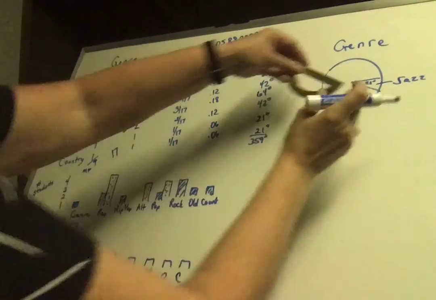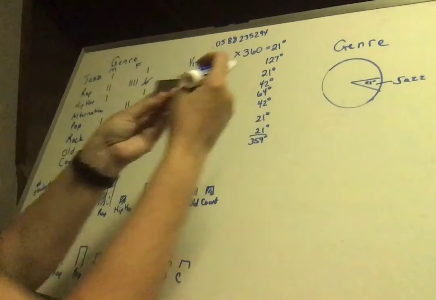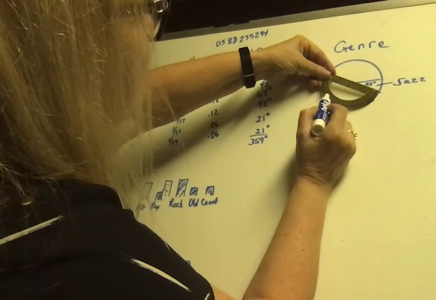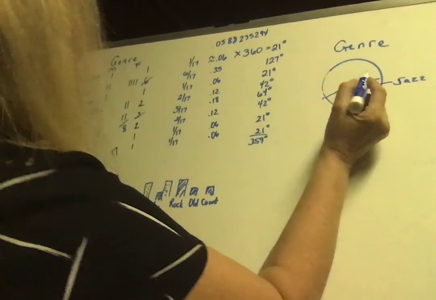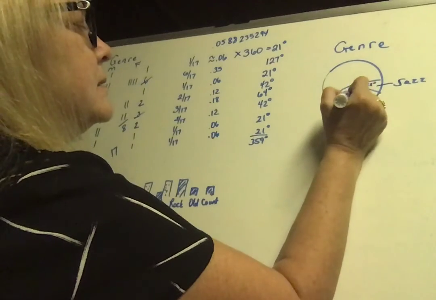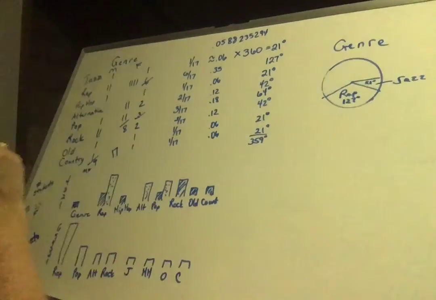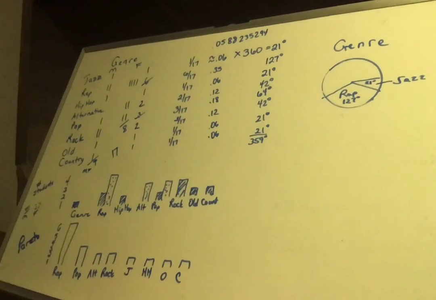And the next one from there, 127 degrees, is rap, approximately there. Okay, do you get the basic idea of that? I could keep on going, but that's how they determine each of those sections.